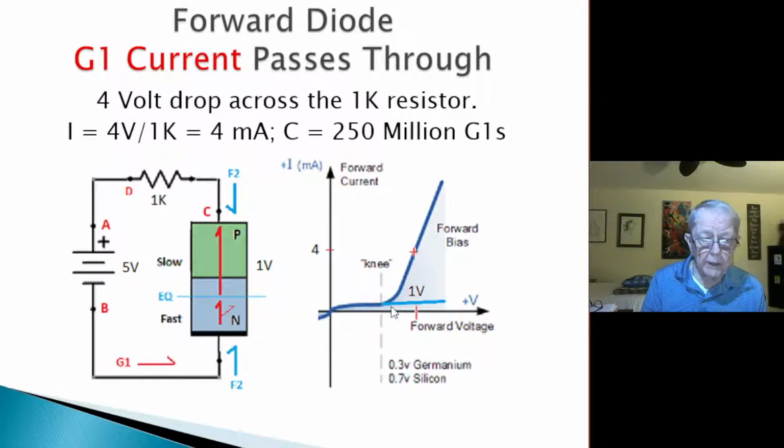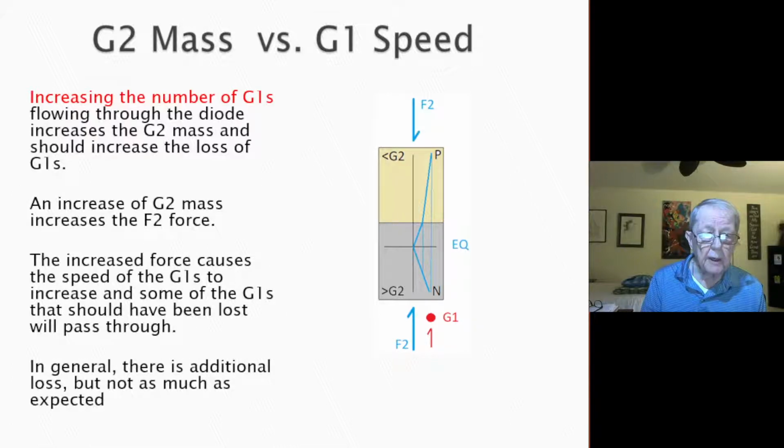As you increase the G1s, the velocity goes faster. If you increase it by 10%, you expect it to lose 10%, but it doesn't, because the speed causes it to not lose as much. I'm going to try to explain this a different way. That's kind of difficult to get.